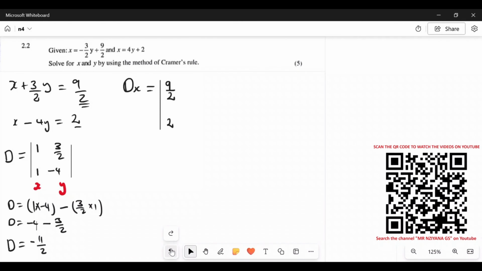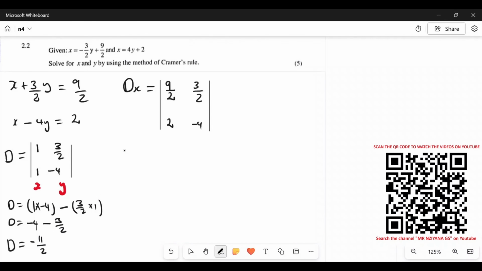Instead of writing the x coefficient, I'm going to write the constant there. But since we are calculating dx, we keep the y coefficients and write them exactly on the second column. So we have 3 over 2 on the first row and negative 4 on the second row. There we go. So we have our matrix there.